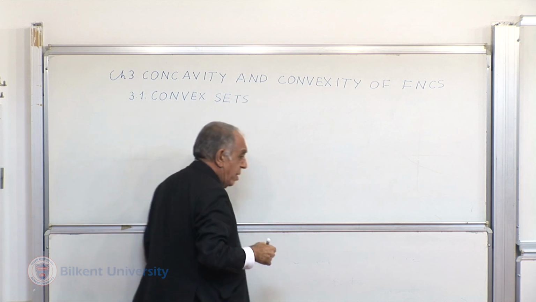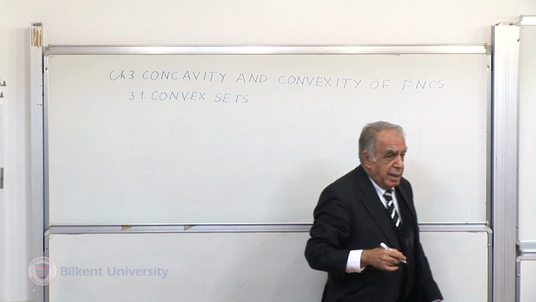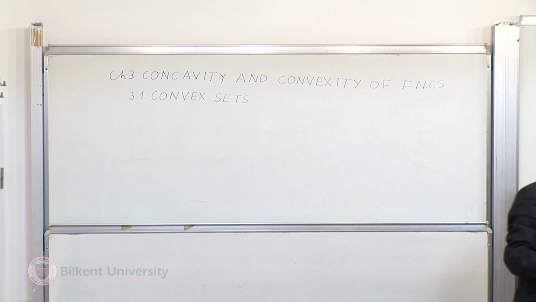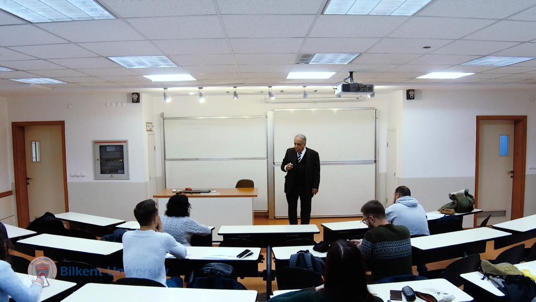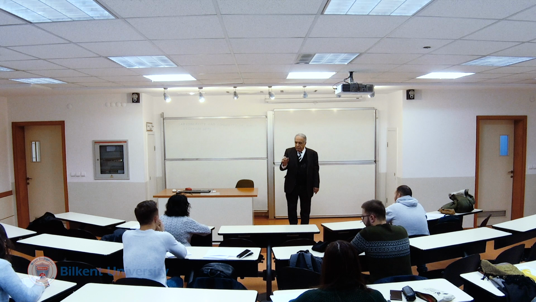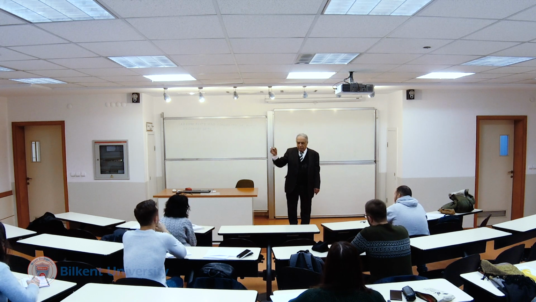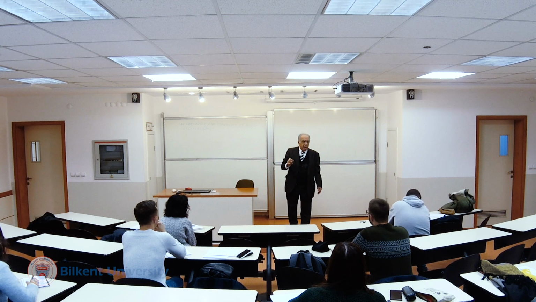As you know, a set is convex if and only if for any 2 points x, y in the set and for any lambda in the unit interval, lambda x plus 1 minus lambda y belongs to the set again. But there we have addition of vectors and scalar multiplication.